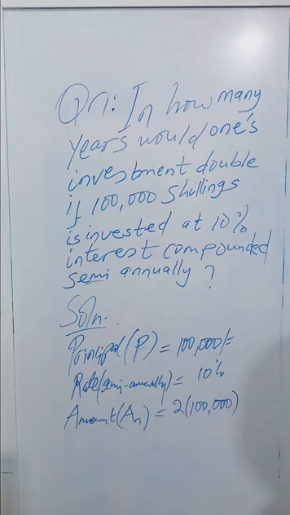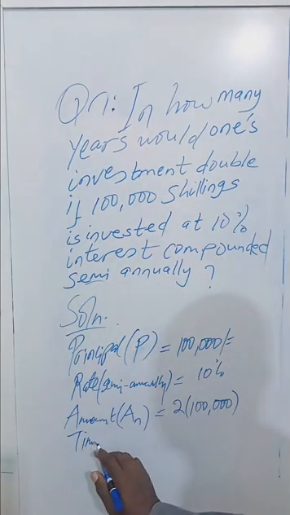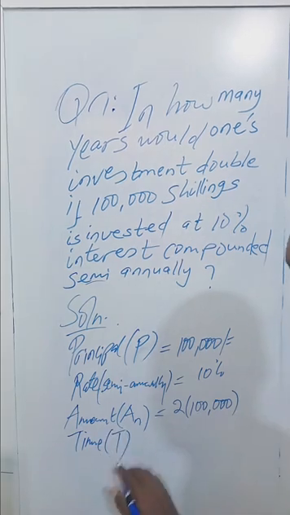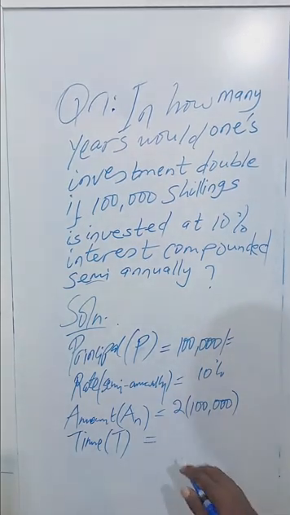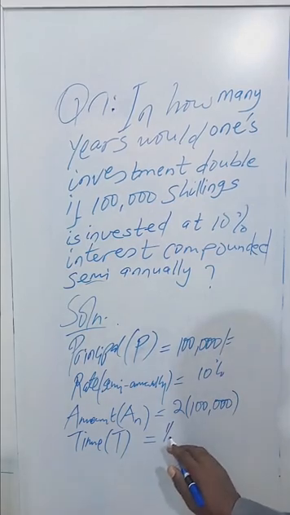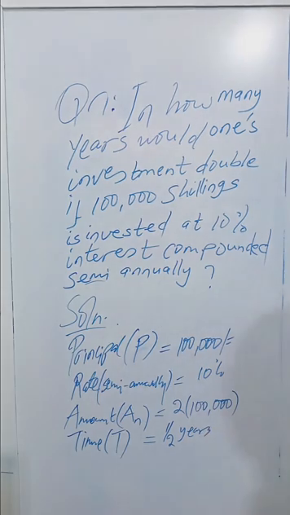Now the question comes, there is time. Time, capital T. This one is semi-annually. We can say a half year, or you can say 6 months, or you can say 0.5 years.